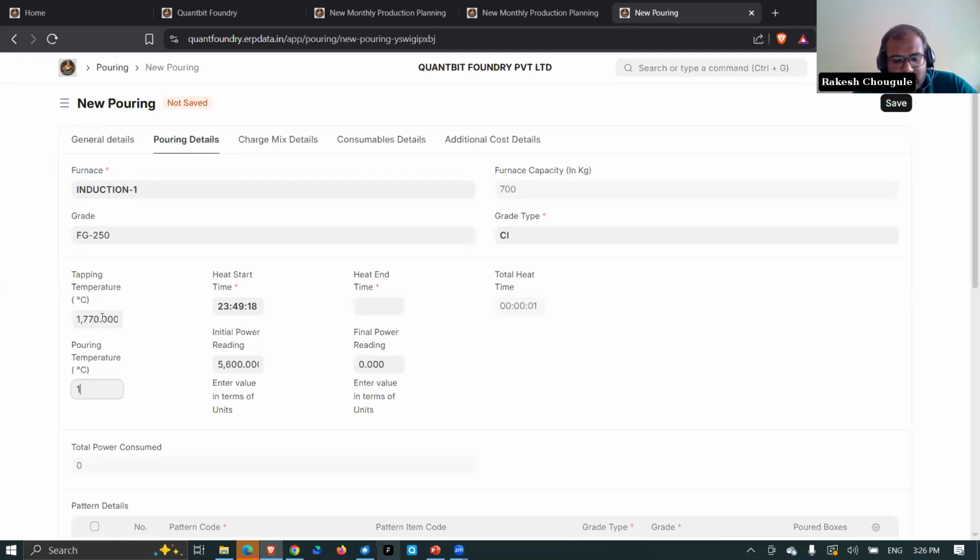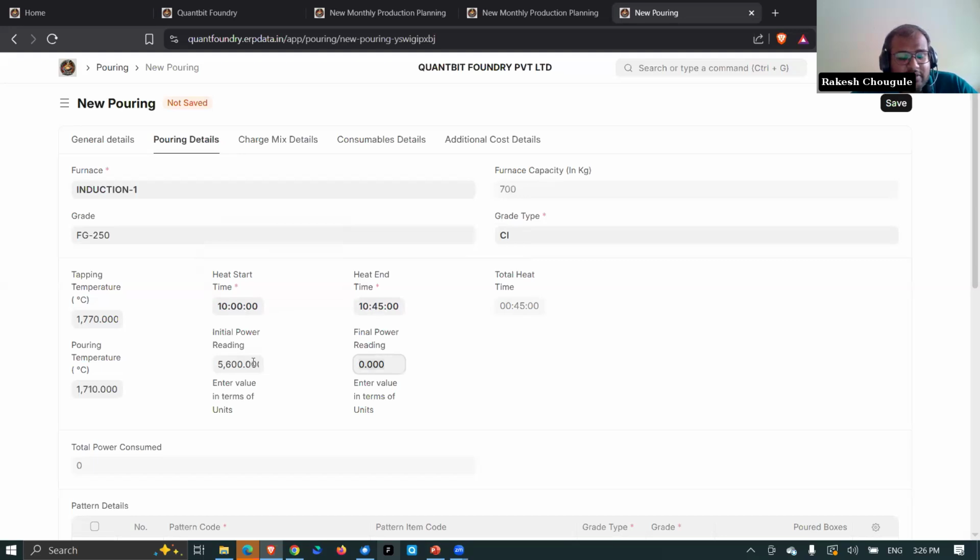After that there will be a start time of the heat, end time, how many minutes it required to heat the furnace.